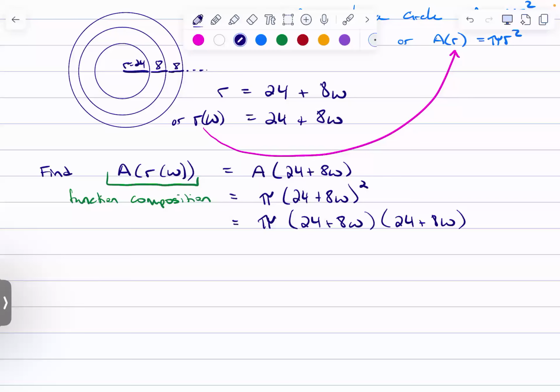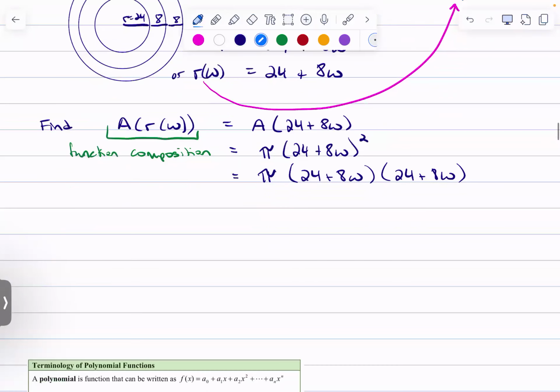Either way, you have to do 24 times 24 plus 24 times 8W plus 8W times 24 plus 8W times 8W.